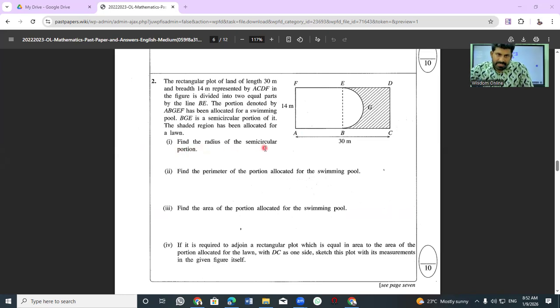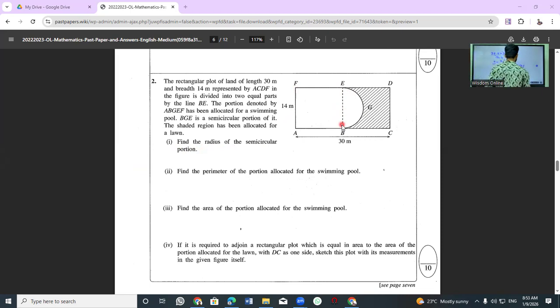Find the radius of the semicircular portion. This one equals 14. 14 divided by 2.